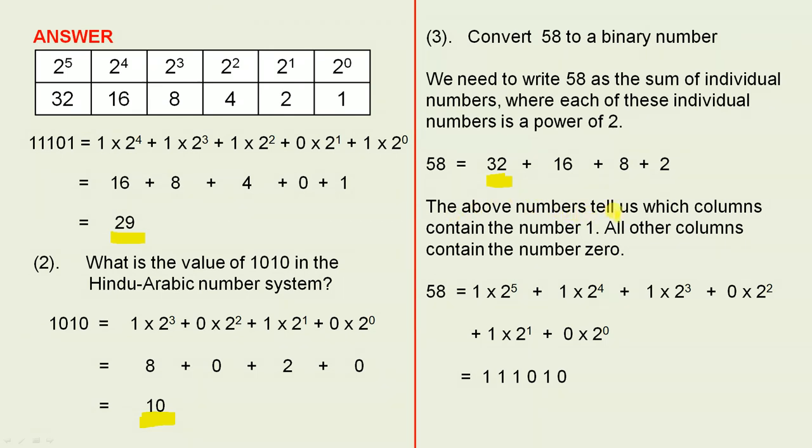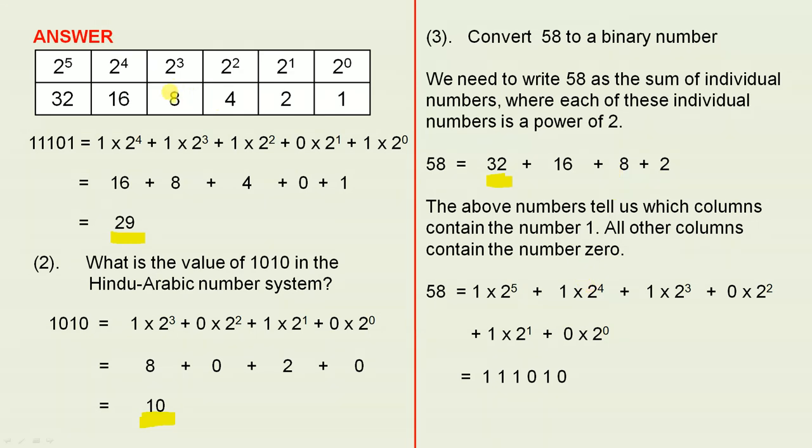So the above numbers tell us which columns contain the number 1. All other columns contain the number 0. So the 32 is in this column. So it's actually 1 times 2 to the power of 5, because 2 to the power of 5 is 32. This 16 is in that column. So it's actually 1 times 2 to the power of 4.